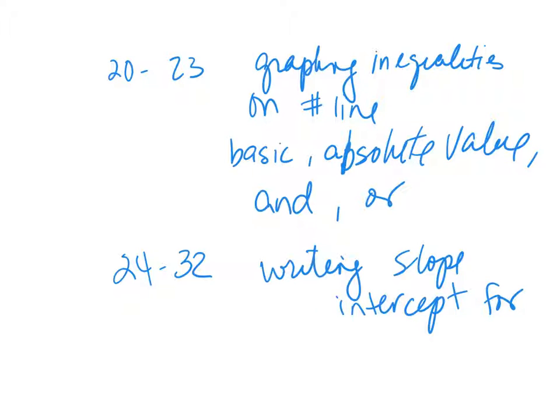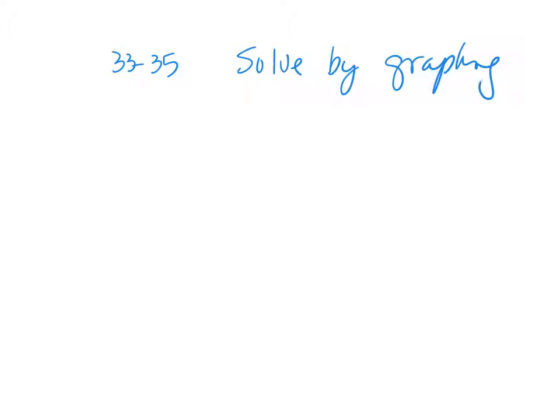Now we've got numbers 33 to 35. Solve by graphing. 36 to 37.